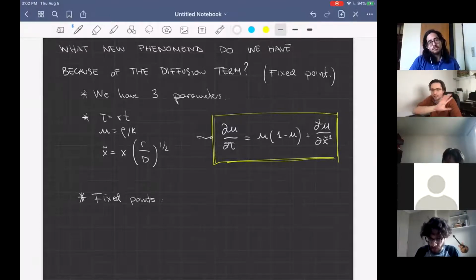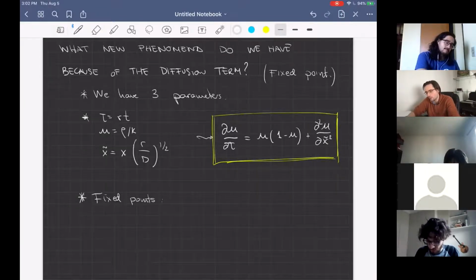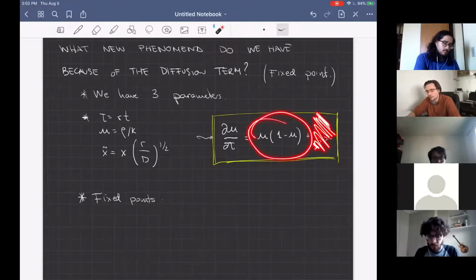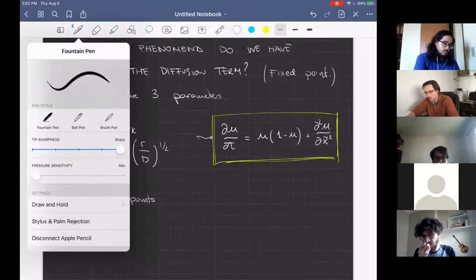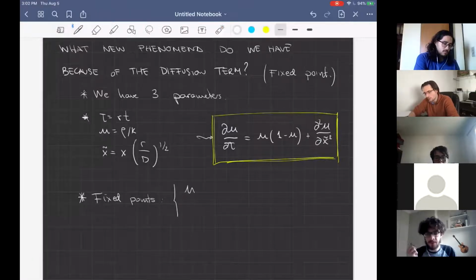That everywhere I have the same value for u. So then the derivative with respect to space of this u is equal to 0, and then the fixed points are basically the same as in the case that I didn't have a space. So I have two fixed points, u star equal to 0 and u star equal to 1.